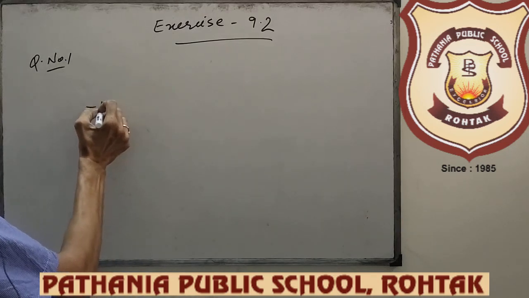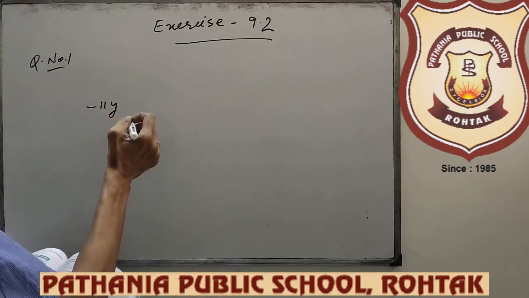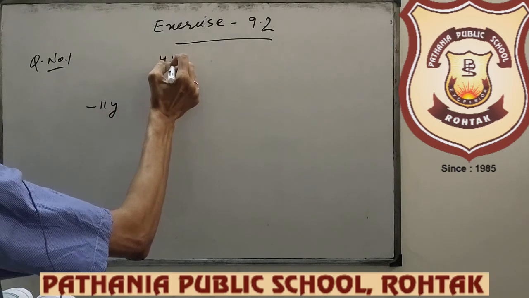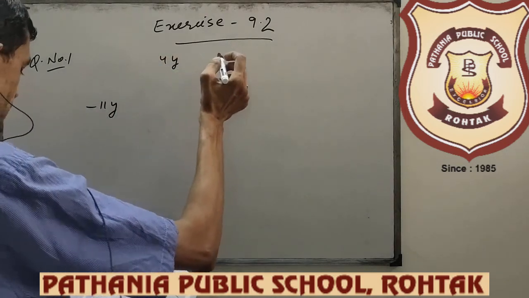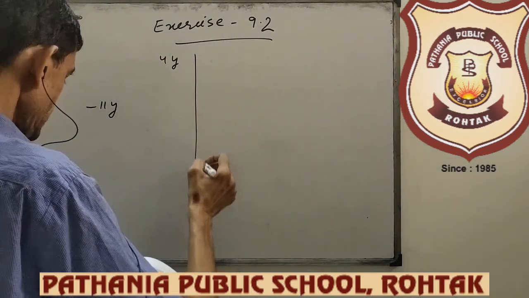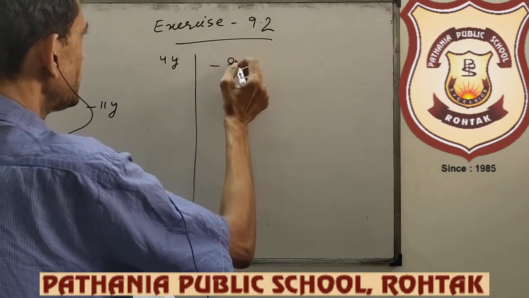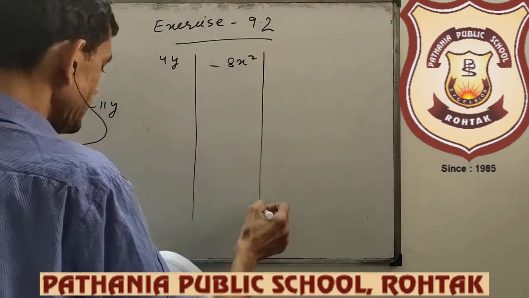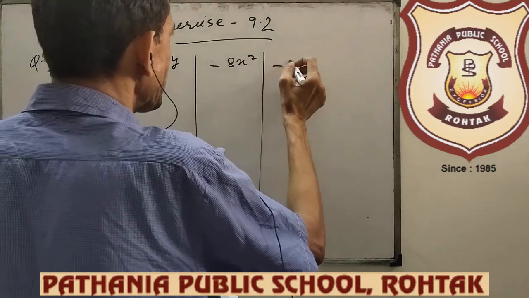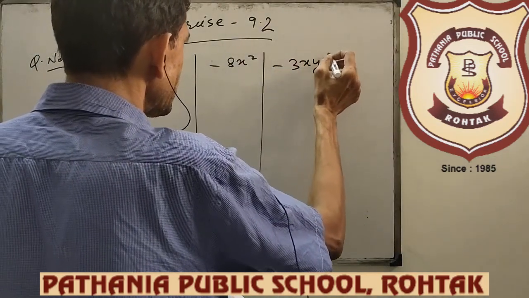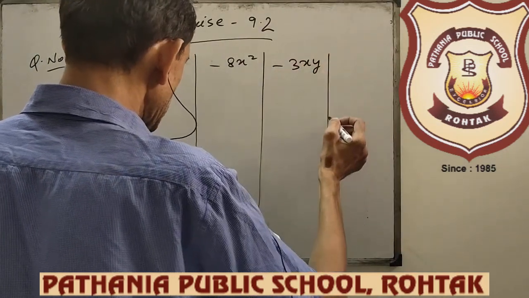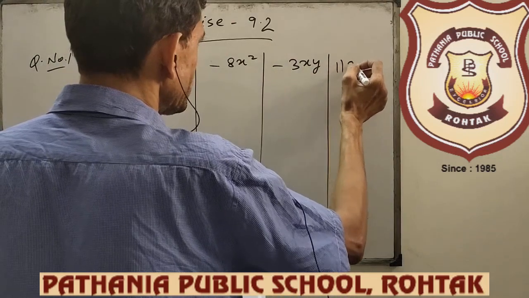Written like this: minus 11y is there, and this side is 4y, and then minus 8x square, and then minus 3xy, and then 11x square y square.